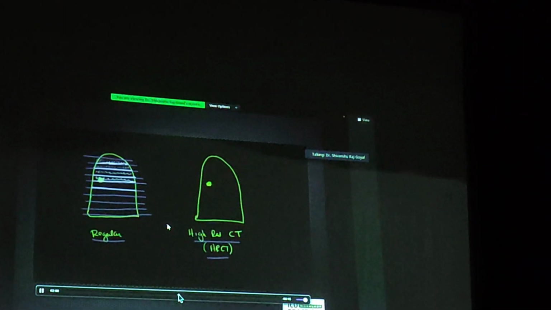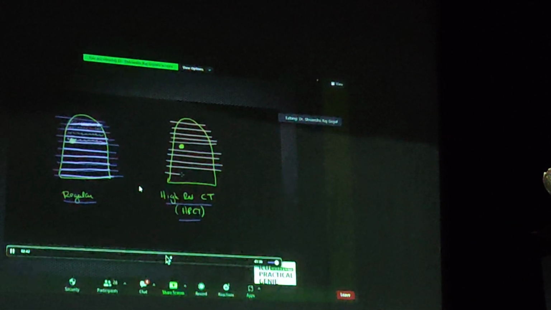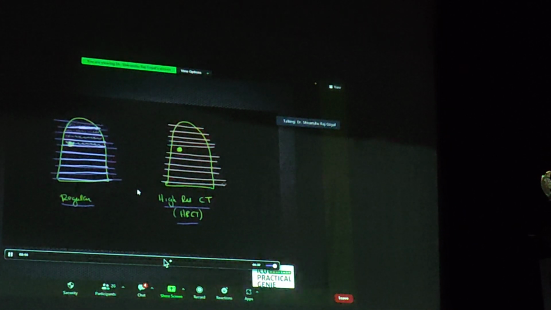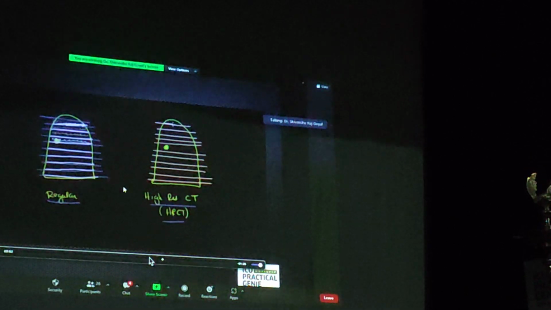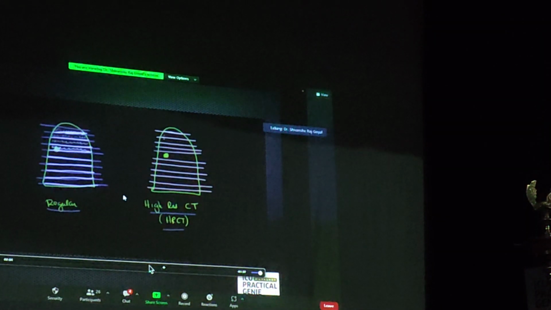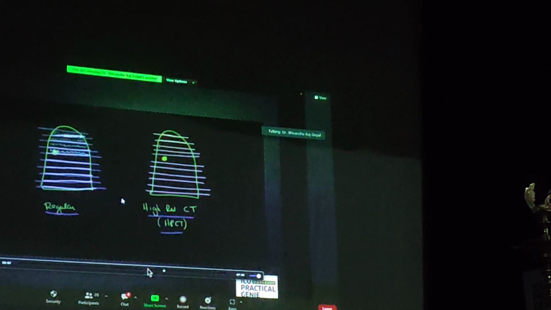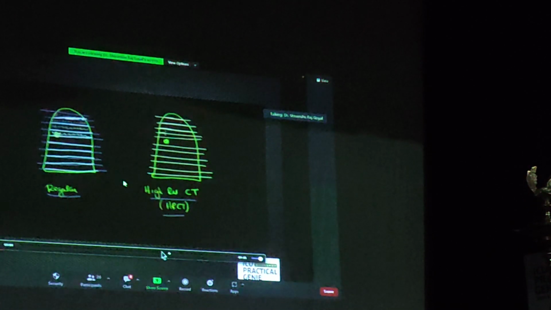So when I come to the HRCT of the same patient, this is the way cuts are taken. Possibly your particular cut would miss the nodule and your scanning report might not show the nodule at all, which is seen on an X-ray, because the remaining lung parenchyma is not superimposed on the cut which has been taken. So that is the entire idea.